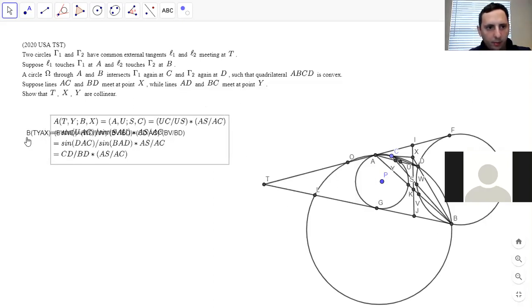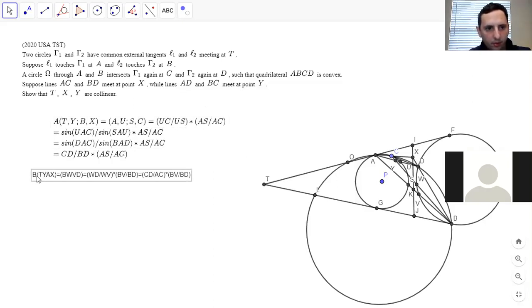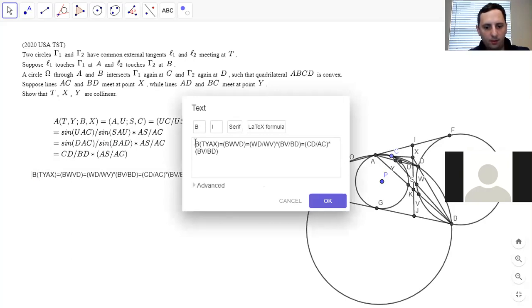And I'll just say by a similar calculation. I'll just skip to the very last step. Actually, you know what?